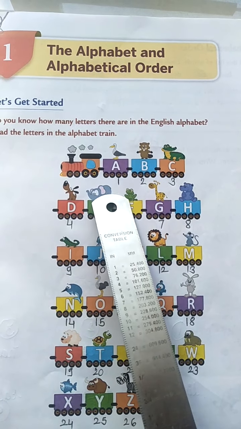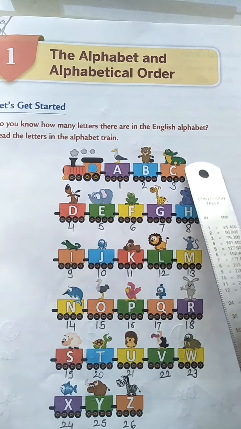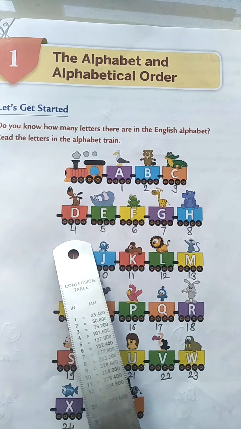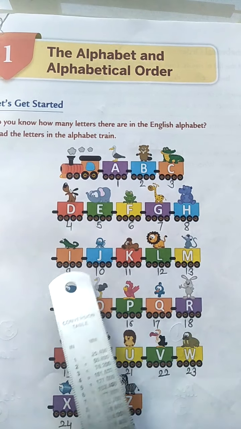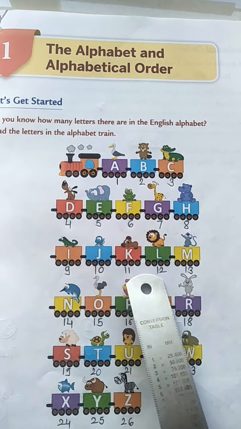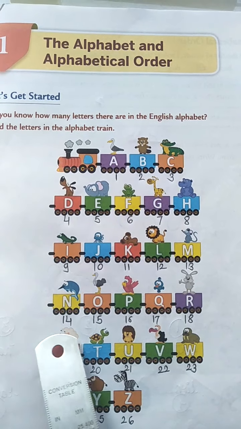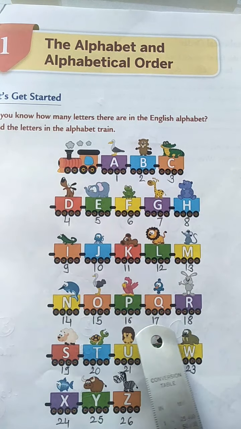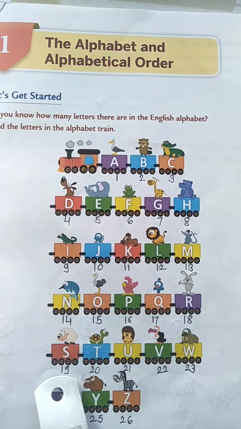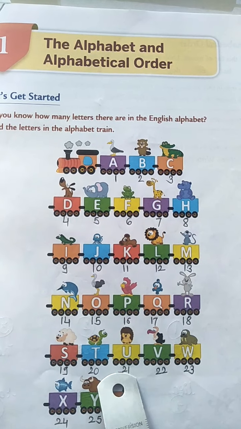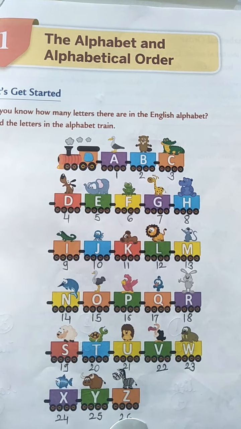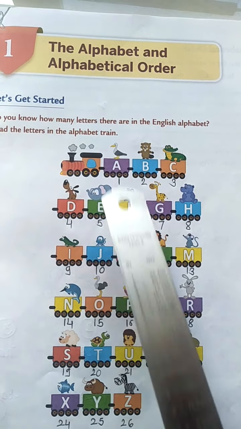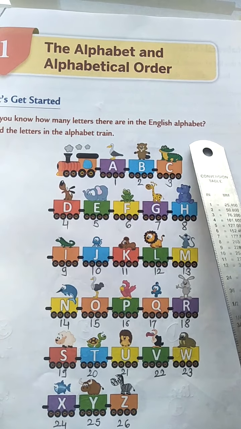For A it is 1, for B it is 2, C it is 3, then 4, 5, 6, up to 26. Means total 26 letters are in the English alphabet.